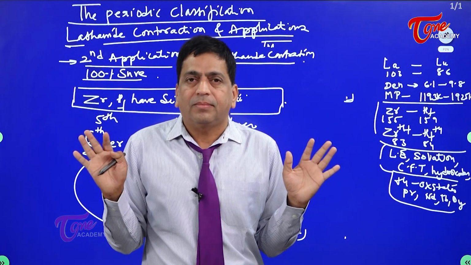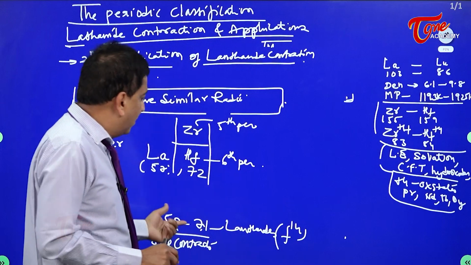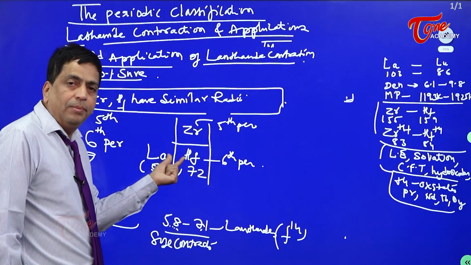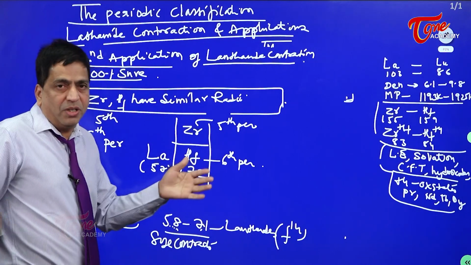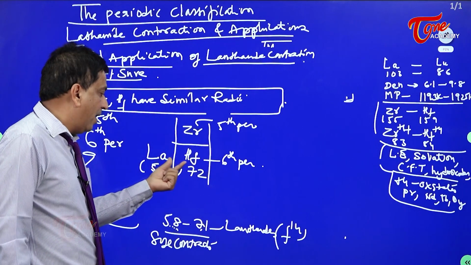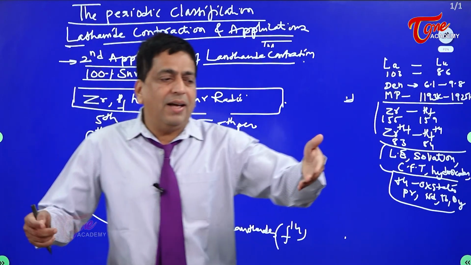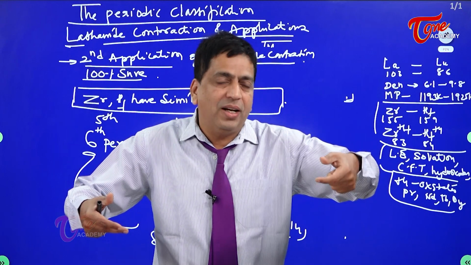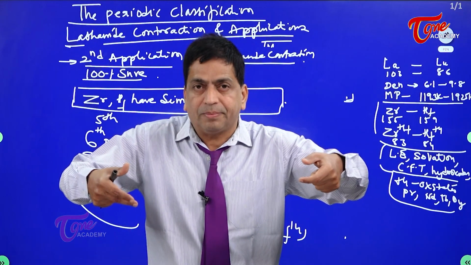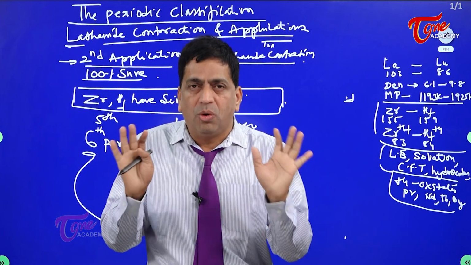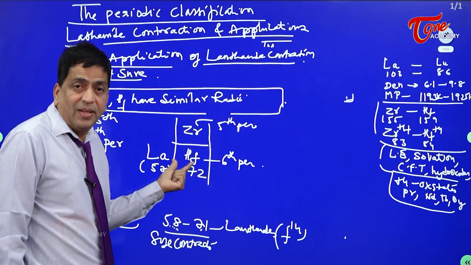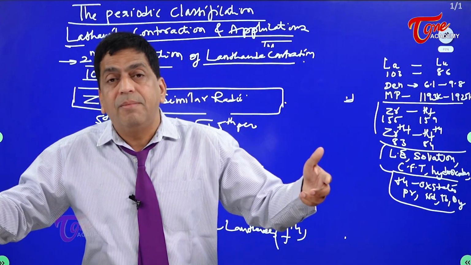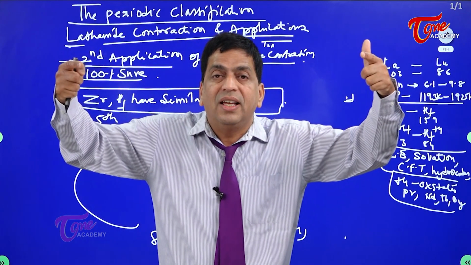You must understand. Now what is happening? Technically speaking, these 14 elements are also supposed to be here, and between lanthanum and hafnium you have 14 elements. So you can expect a great jump in radii between lanthanum and hafnium. Use common sense. If I place these elements here, the size must be increasing very heavily.